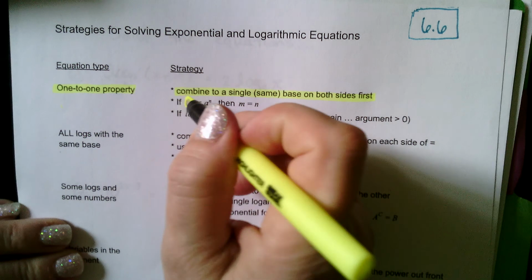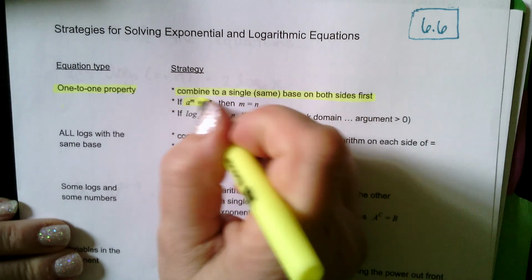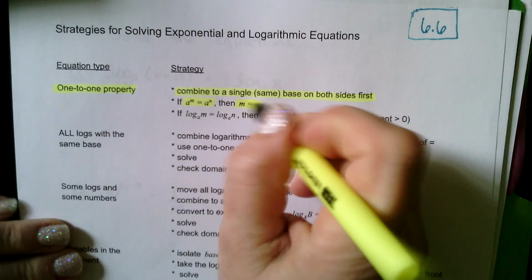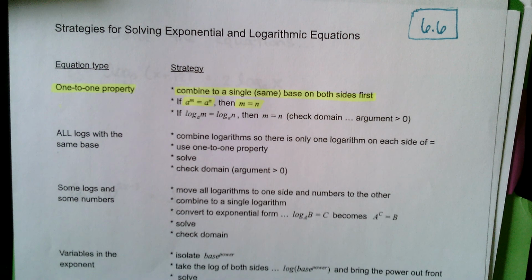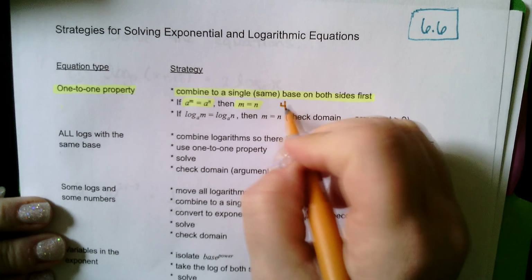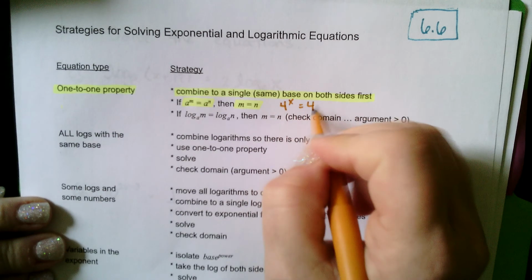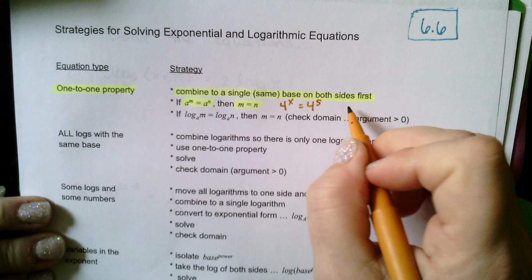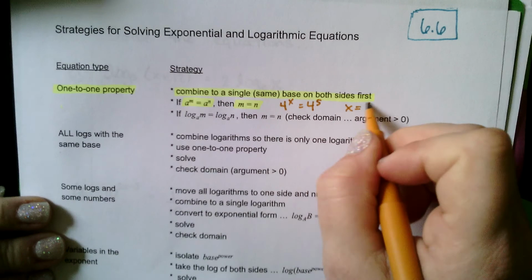And then we're able to use the one-to-one property, which says if a to the m equals a to the n, then m equals n. So what that looks like when you're working a problem is like if I had 4 to the x equals 4 to the fifth, then we could say x equals 5.